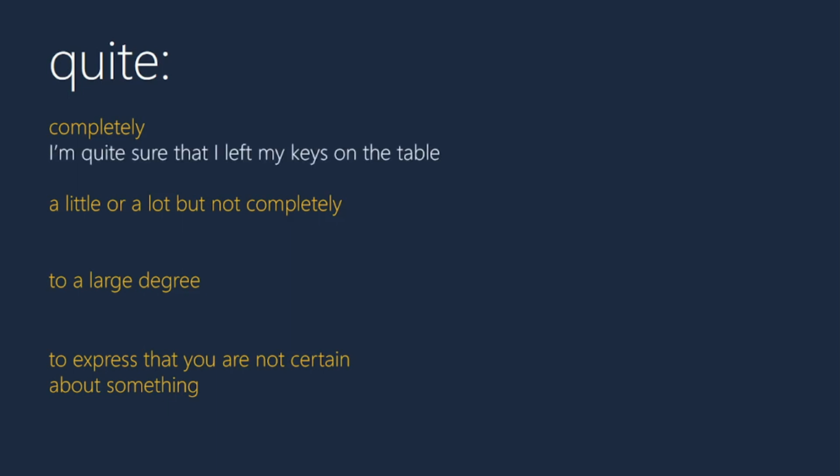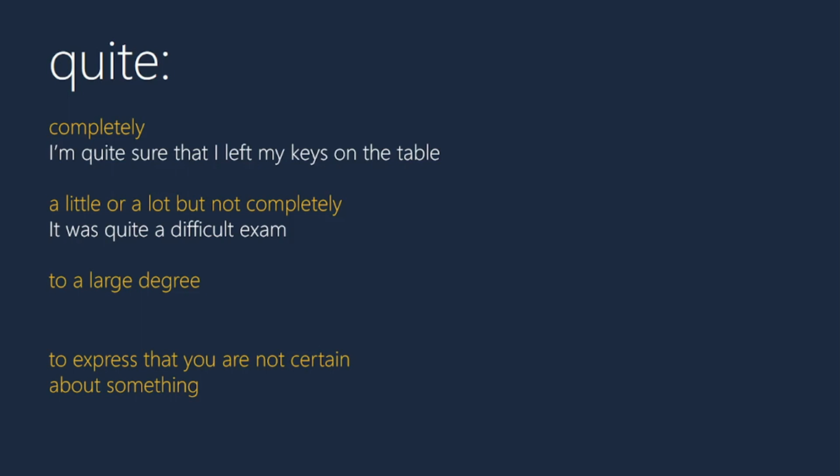So let's take at least one example for each of these. I am quite sure that I left my keys on the table. You are 100% sure that the keys are on the table. There's no doubt. Completely sure about something. It was quite a difficult exam. Quite difficult, but not 100% difficult. You probably have done something on the test. You have done a few tasks and questions.